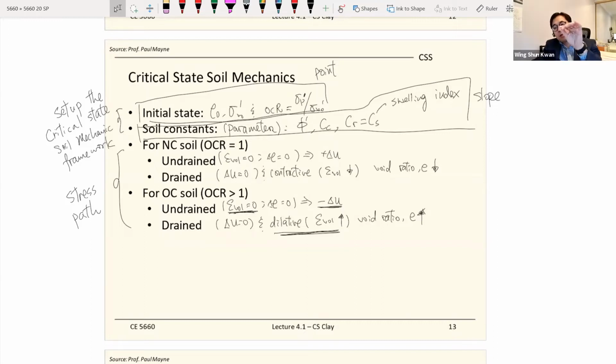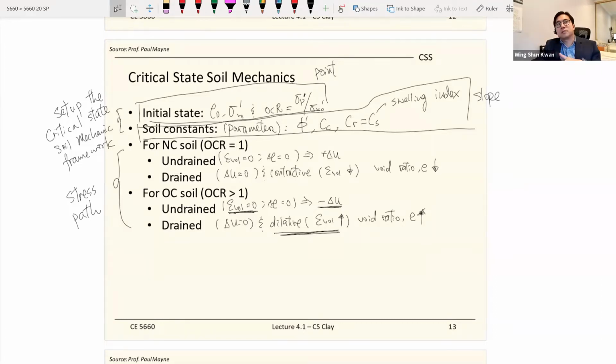So you know a point from the initial state, the density and the vertical stress, and you know the slope. Point and slope give you the line. So you can start constructing the critical state line, the normally consolidated line, the overconsolidated line.